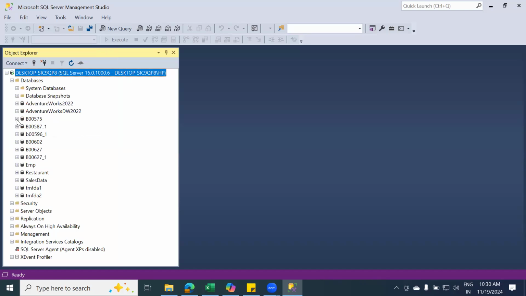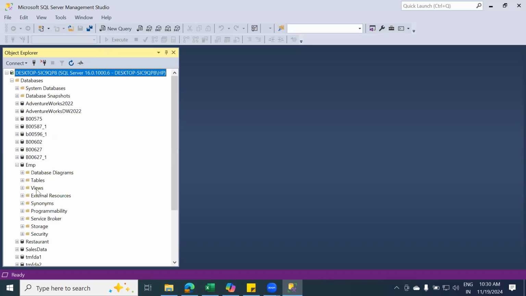For example, let me get into this employee database. In this, can you see these tables? Now, if you come to tables, this is where we store all our information. Can you see dbo.department, dbo.emp_backup and dbo.employee? All these are the different tables we have.